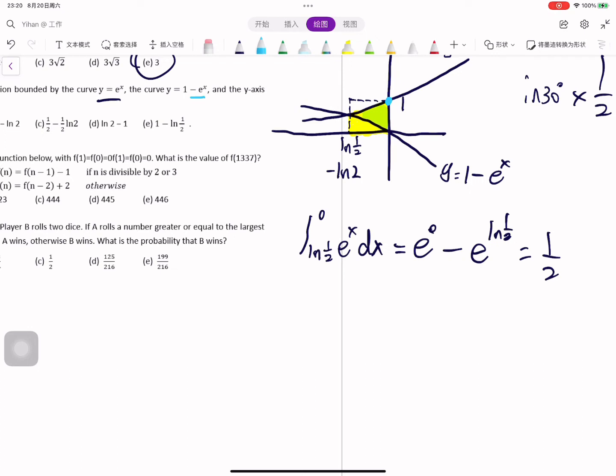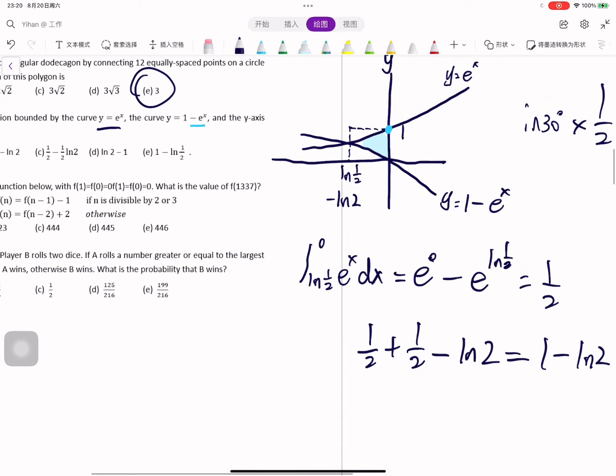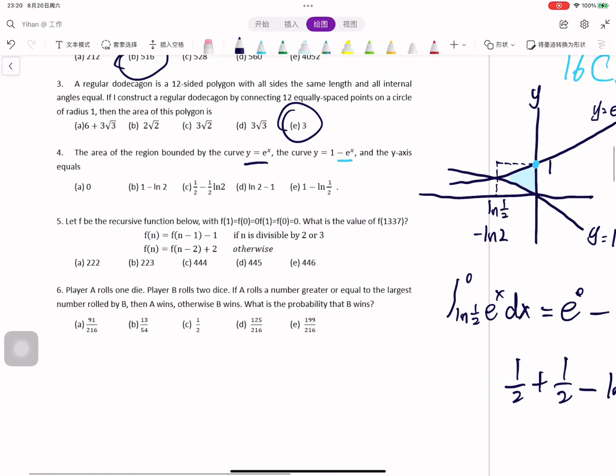So the total area in the blue region is 1/2 plus 1/2 minus ln 2. And it's 1 minus ln 2. And in the answer, we can find it's just like this. Also, it can be written as 1 plus ln 1/2.